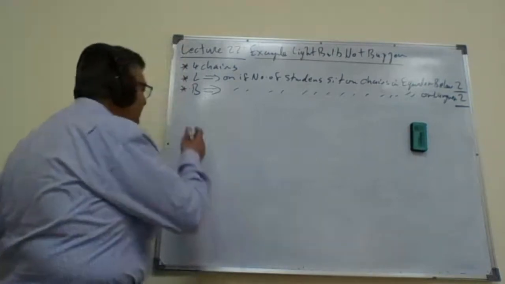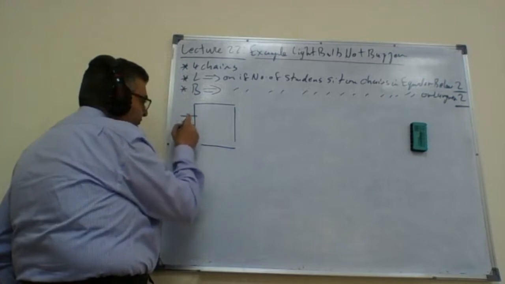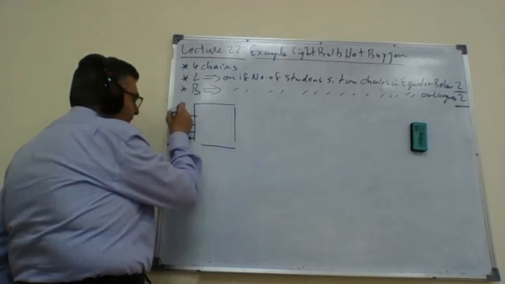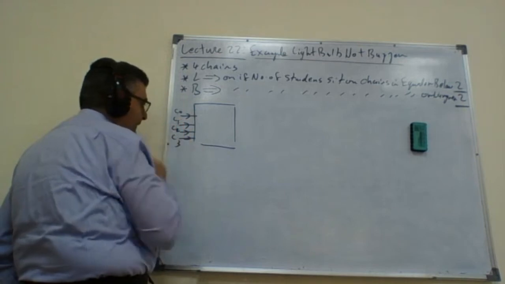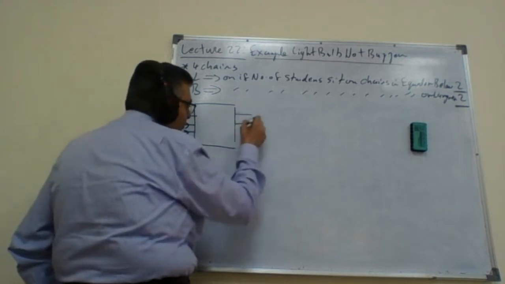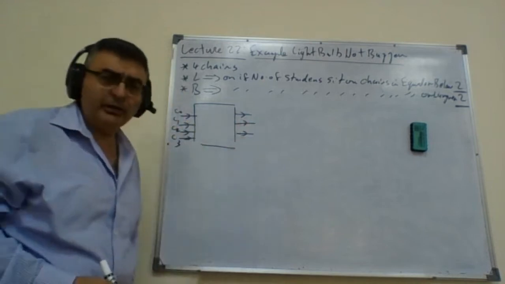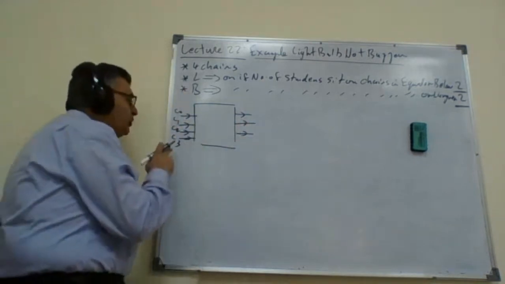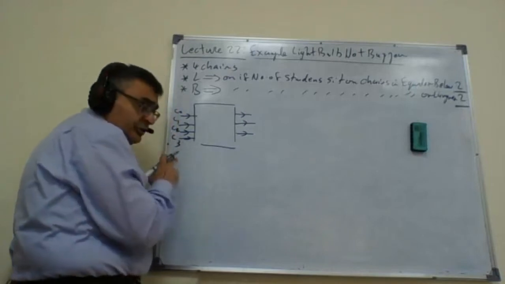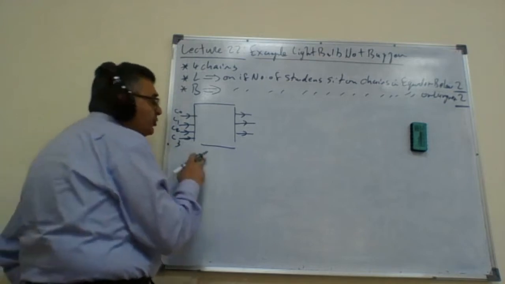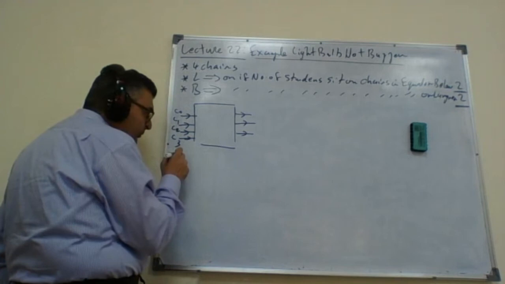So if I imagine that I have the four chairs, I may have some circuit here, and we will talk about this a little bit, that converts the students sitting on the chairs, so the chairs themselves here are the input.